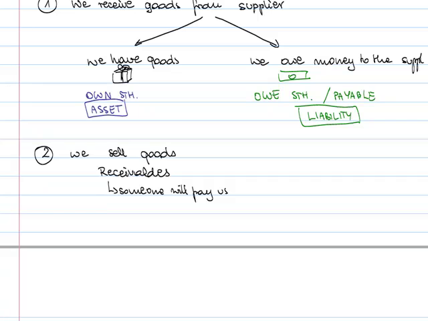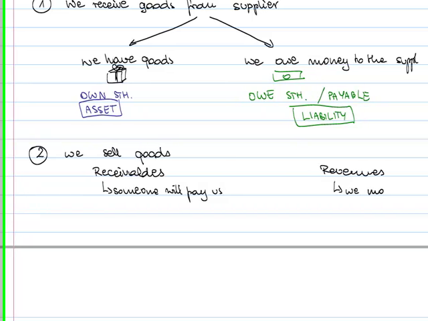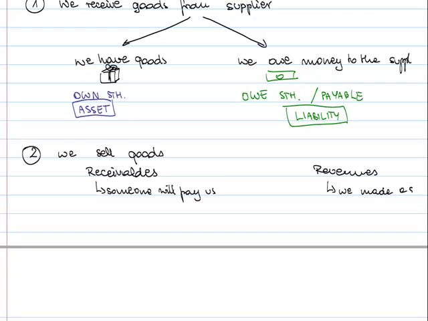On the other hand, we made a sale, so we have revenues. That's part A of the deal, but the dual effect is still here.